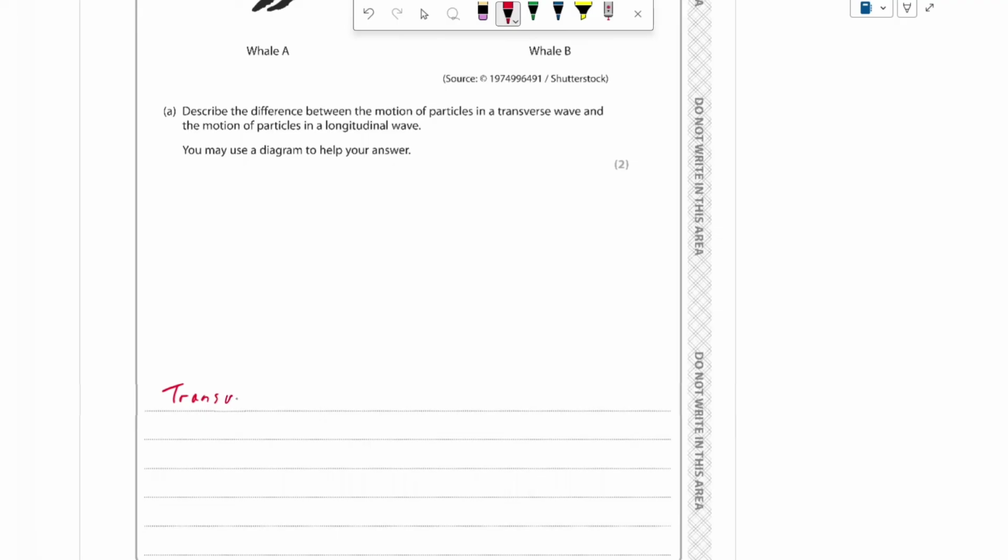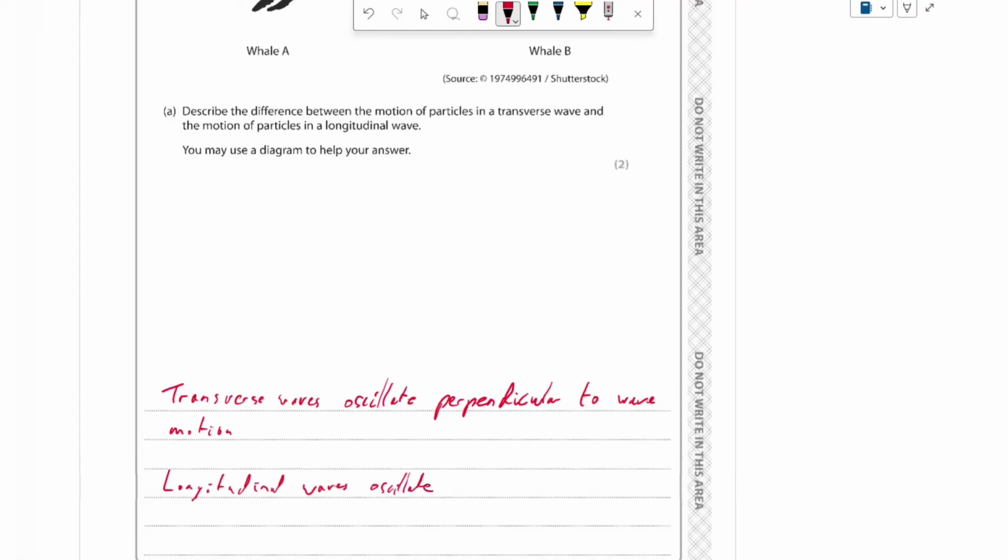Transverse waves oscillate perpendicular to wave motion. Longitudinal waves oscillate parallel to wave motion.